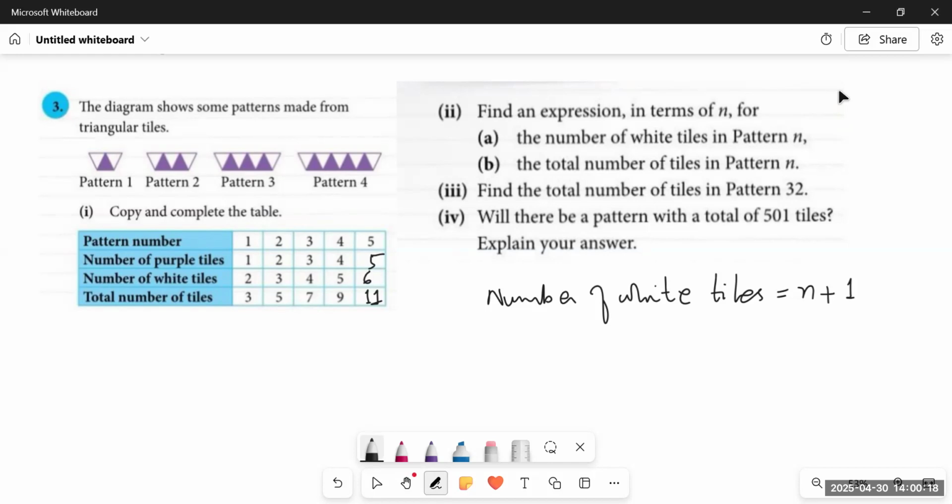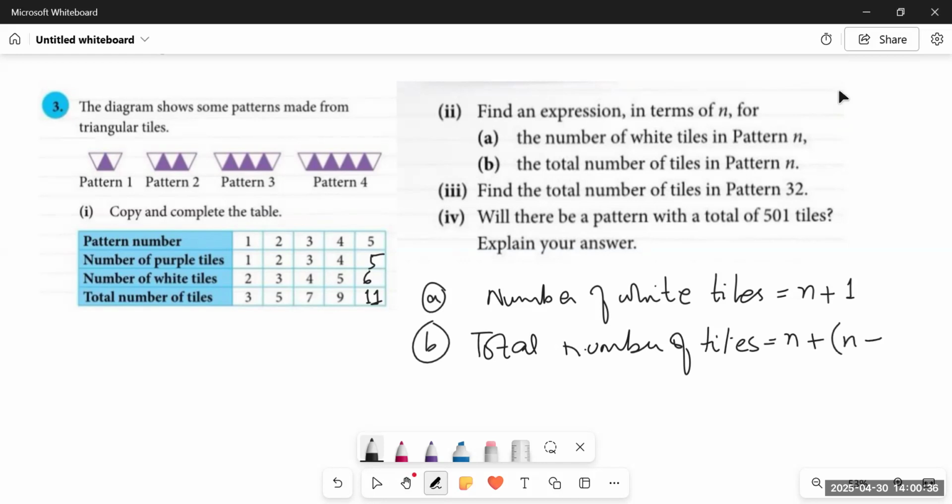Okay, so the total number of tiles would be n for purple tiles and n plus 1 for white tiles. So their sum would be 2n plus 1. Okay, and you can check it as well.